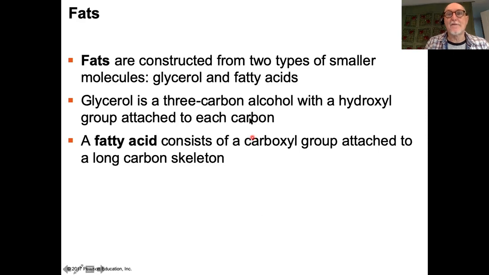So the fats are something that you have obviously heard about. The fats are a storage product largely, especially in animals. They do occur in plants as well, but they are most commonly associated with animals. And the fats have a very specific structure. They have a sugar unit called glycerol.